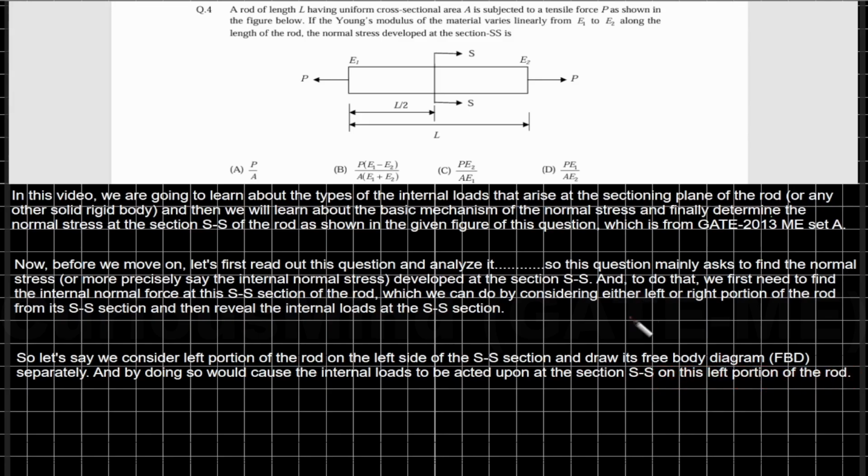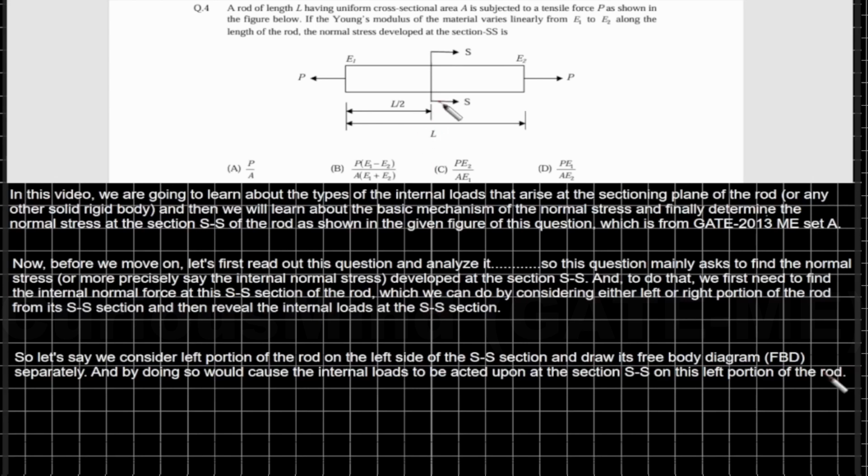Alright, so what that means is that when we consider the left portion of the rod and draw its FBD, internal loads would act on this left portion of the rod at this SS section.